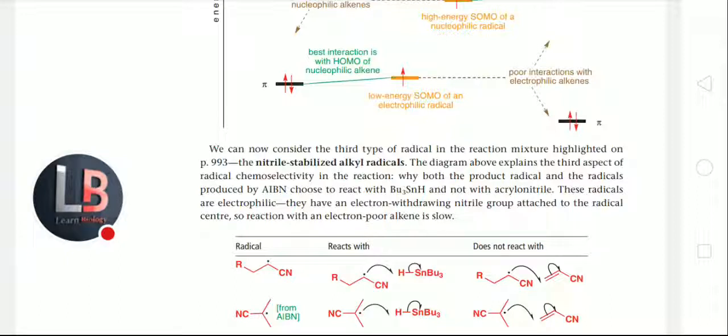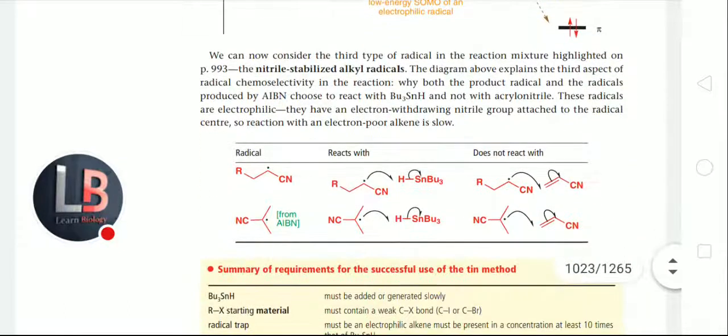These radicals are electrophilic. They have an electron withdrawing nitrile group attached to the radical center. So reaction with the electron poor alkene is slow.